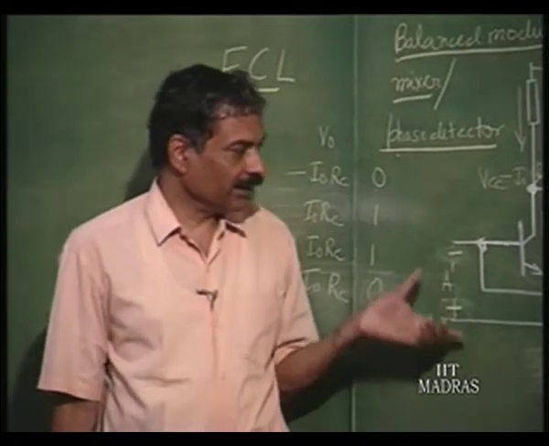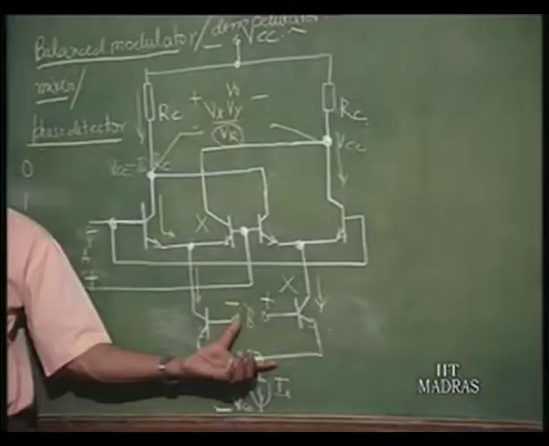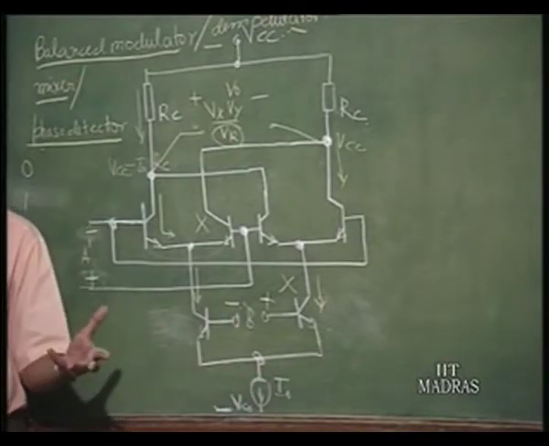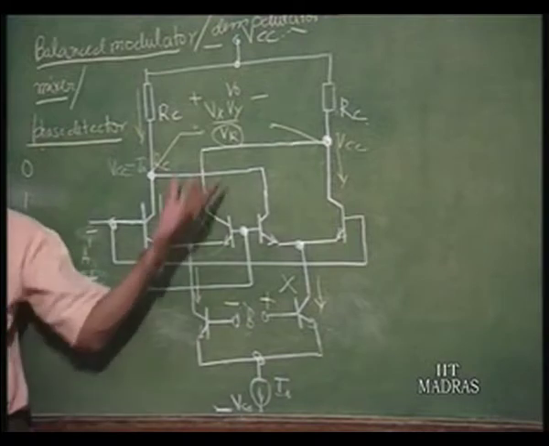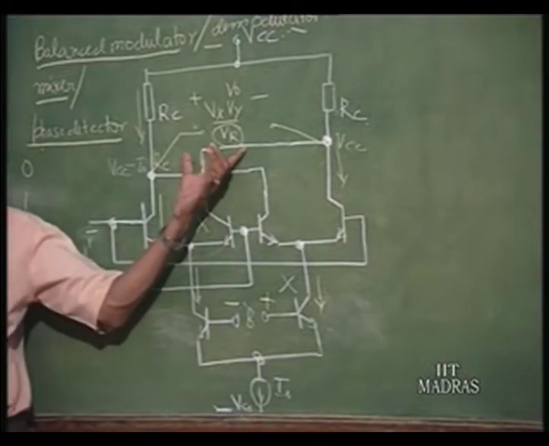If this is a square wave and this is a square wave of some phase difference but same frequency, then the output will be a square wave of double the frequency, but not really a square wave.